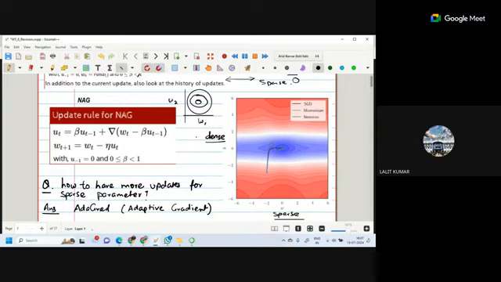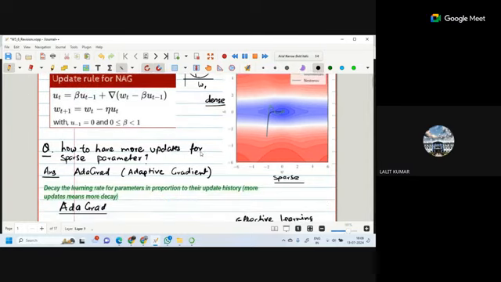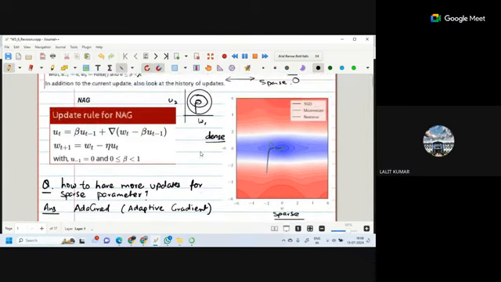The updates take place mostly for the dense parameter, and in the end only a few updates take place for the sparse one.